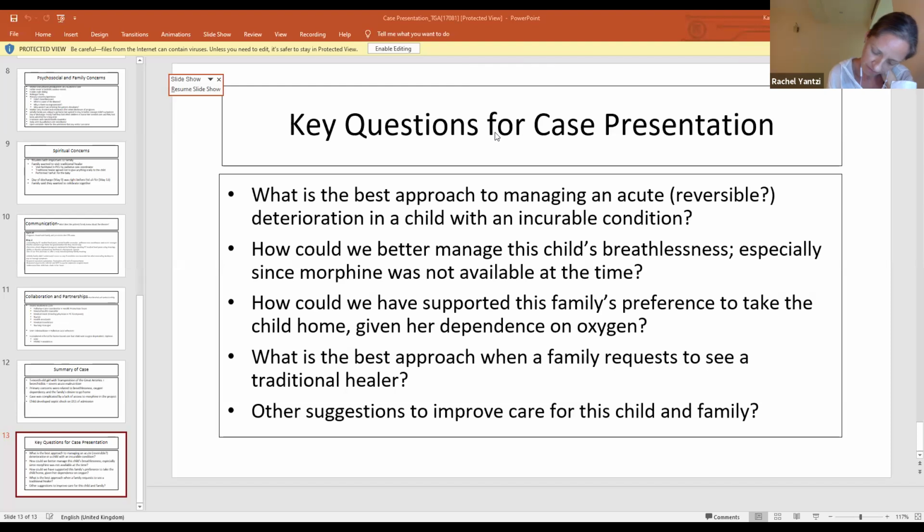It is difficult for us to convince the family of the whole palliative program. So every day we work with the help of the mental health team, social team, and health assistants to convince the family.